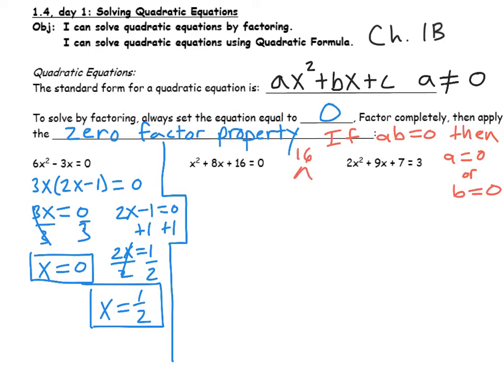All right, two factors of 16 that add up to 8. I'm going to be looking for 4 and 4. Everything is positive, right? Because it's plus 8x and plus 16. So it splits up into the two factors, but obviously it's the same factor. Subtracting 4 from both sides.